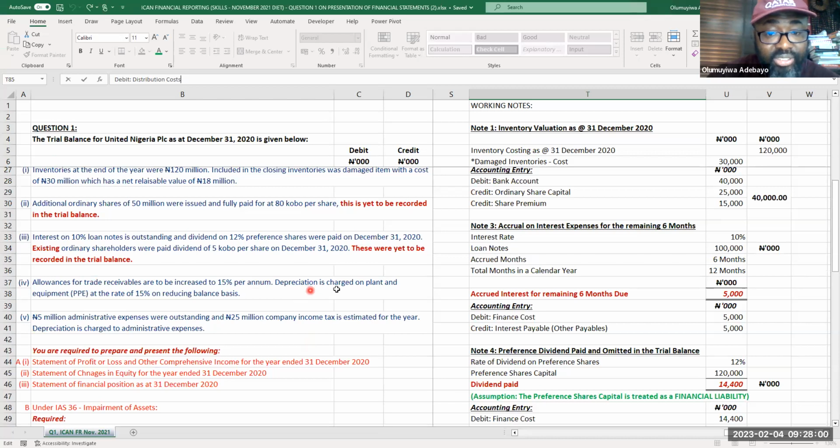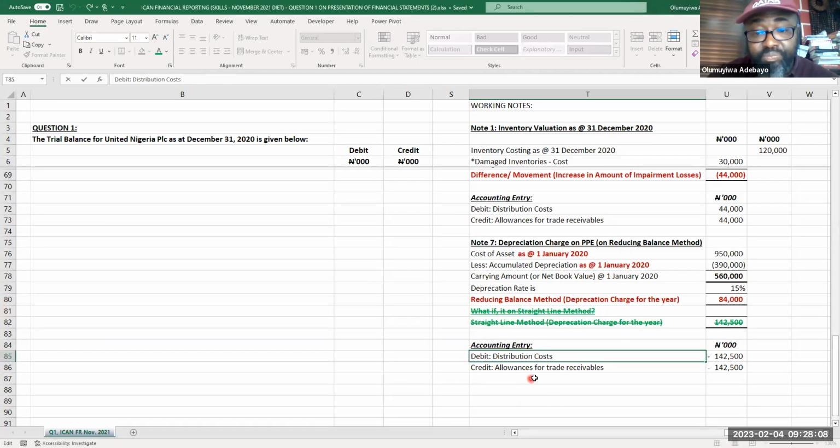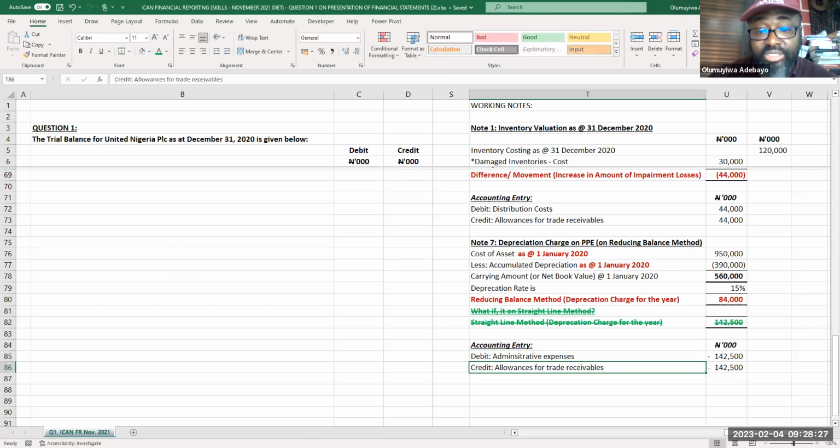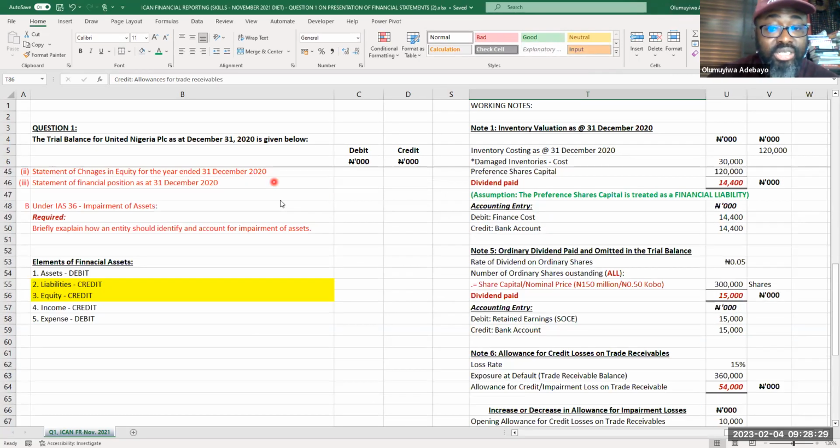Here it is: depreciation is charged to administrative expenses. Sometimes it might be charged to cost of sales if it relates to factory equipment. Sometimes it might be charged to distribution costs if it relates to motor vehicles for distributing products. But in this case, we're given express instruction that we should charge it to administrative.